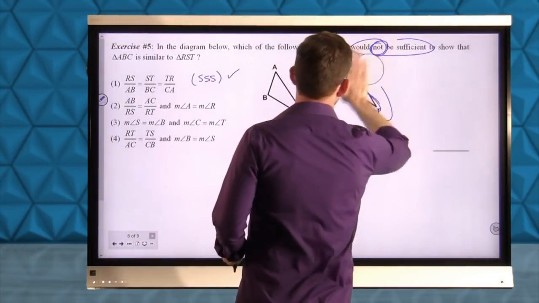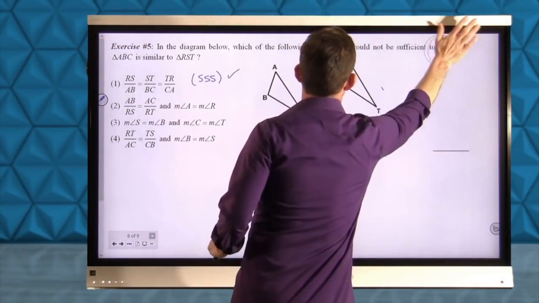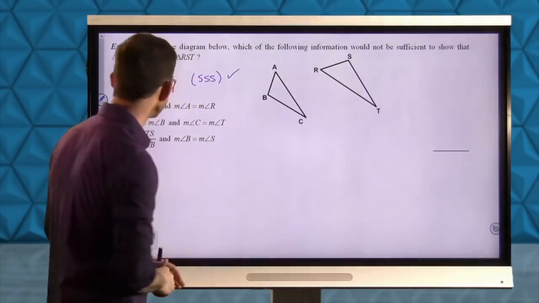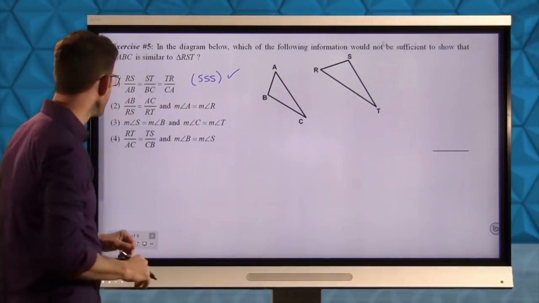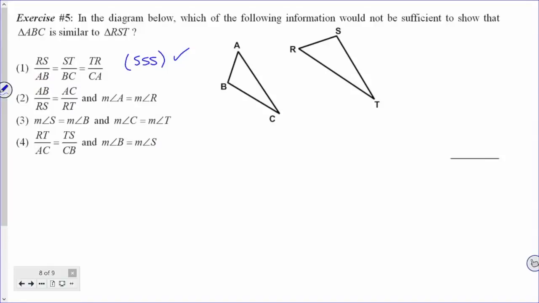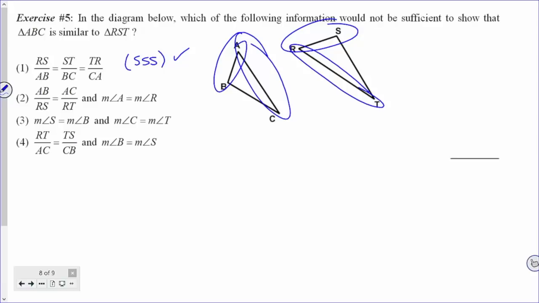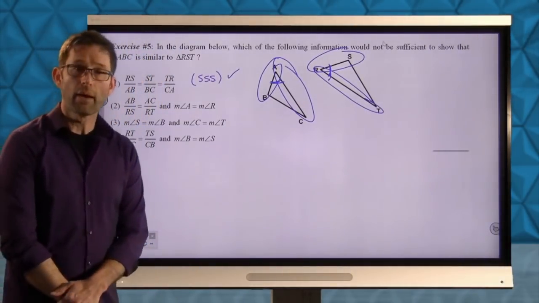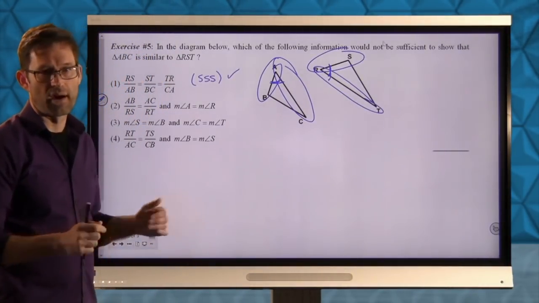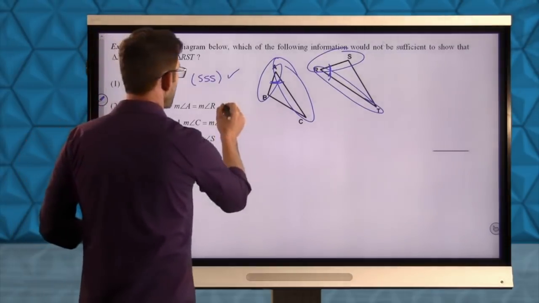The ratio of all three corresponding pairs of sides is the same. All right, let's look at the next one. AB divided by RS is equal to AC divided by RT, and the measure of angle A is congruent to the measure of angle R. Well, that would be the side-angle-side theorem of similarity.